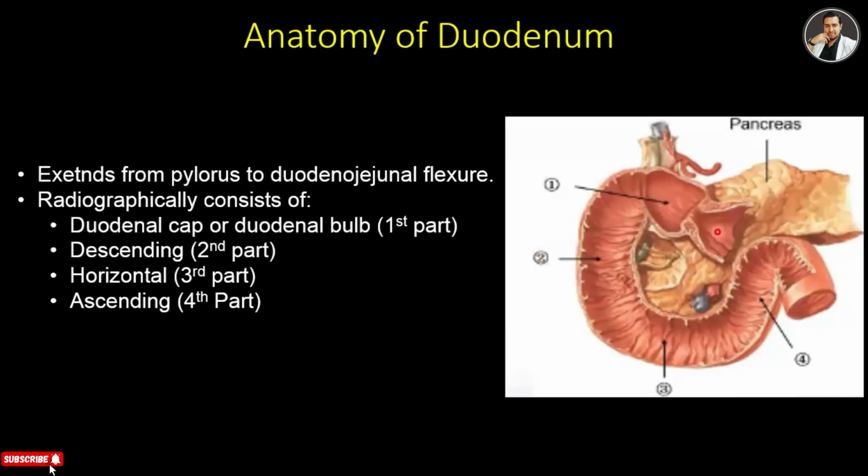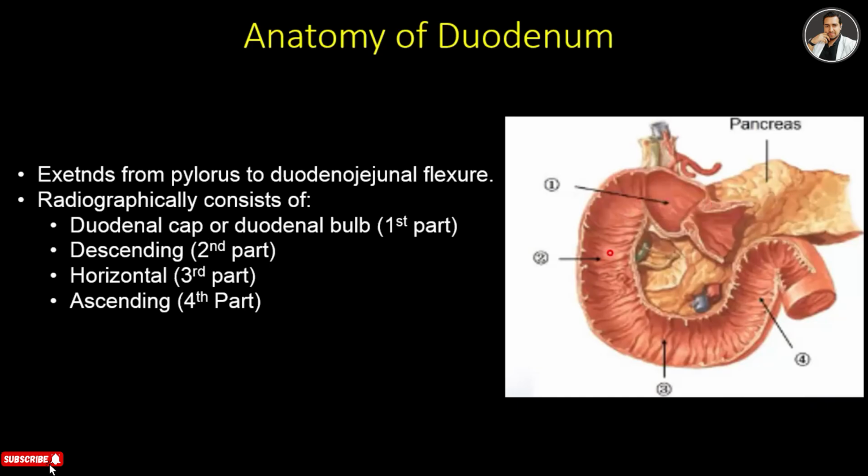So where the stomach ends, the duodenum starts, and the duodenum has four parts. The first one is the duodenal cap or duodenal bulb. You can see that this is the first part, marked with an arrow, number 1, and this is also called the duodenal cap. So when the pylorus ends, the duodenal cap starts.